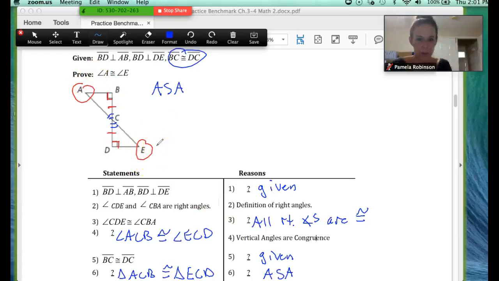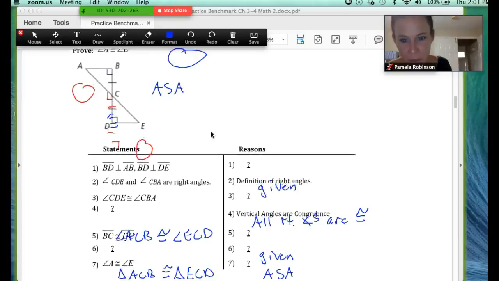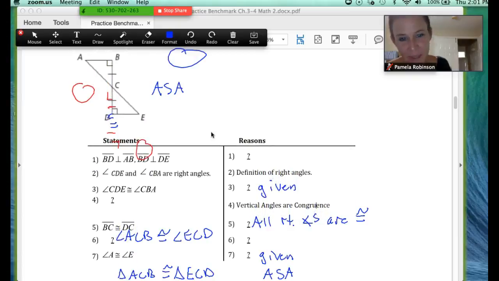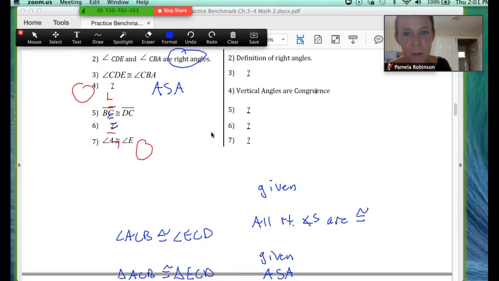And I have to scroll down, so it's going to make everything pull up. So it's going to pull all our markings off their places. But that last step right there, see, it pulls all our markings. So that last step, I'm just going to write it here. Congruent parts of congruent triangles are congruent.